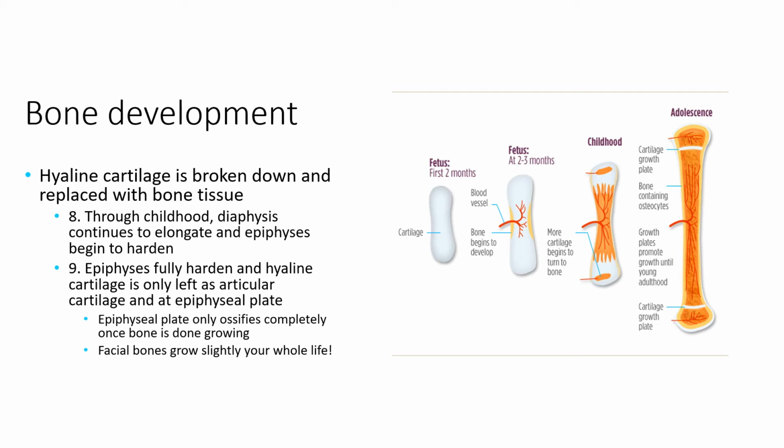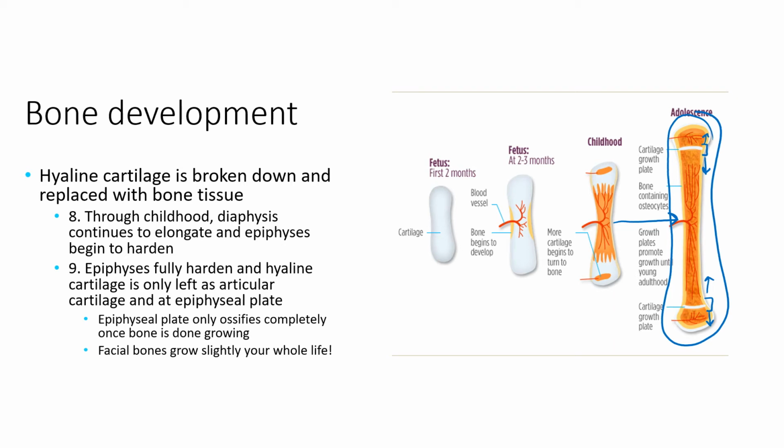So as you grow through childhood, the diaphysis is going to elongate, and the epiphyses are going to harden, so that eventually, I'm going to use blue for this because there's a lot of orange and stuff, by the time you're a teenager, it's going to look more like this, or even an older child, just not quite as long. And what's going to happen there is you'll find that you have growth at specific areas that elongates the bone while the rest of it's hardening in between.